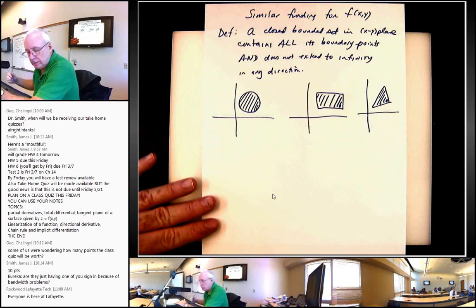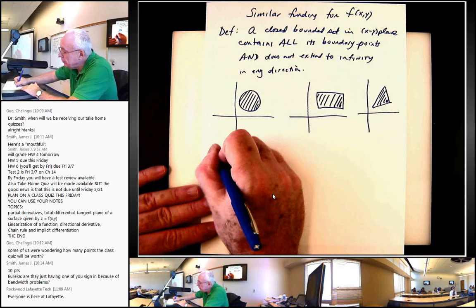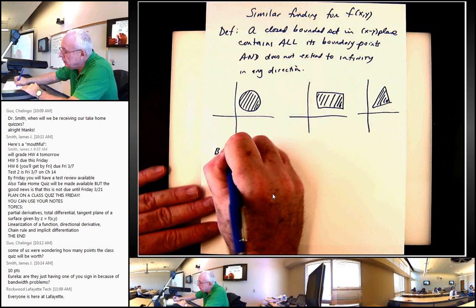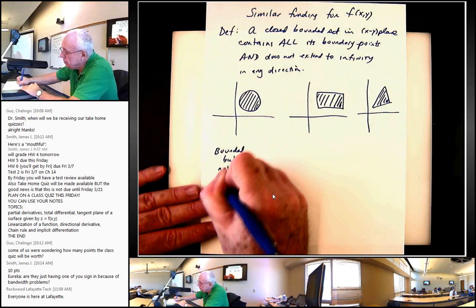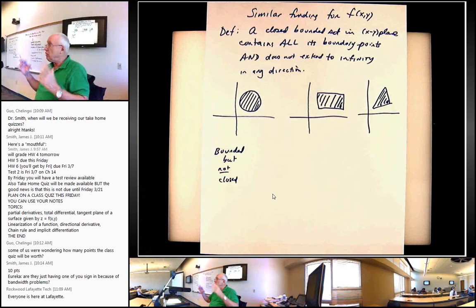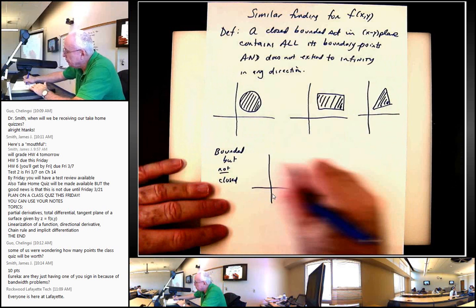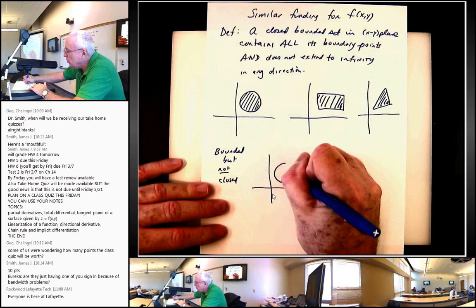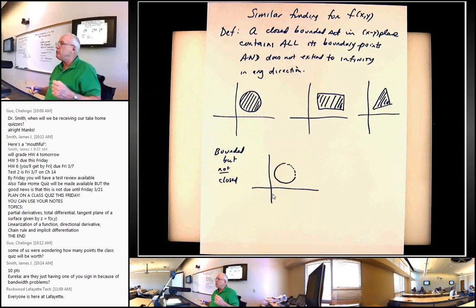Those are all examples. Now here are examples where it's bounded but not closed. Closed means it includes all of the boundary points. So we could have a circle where that part of the boundary of the circle is not included in our set for whatever reason.